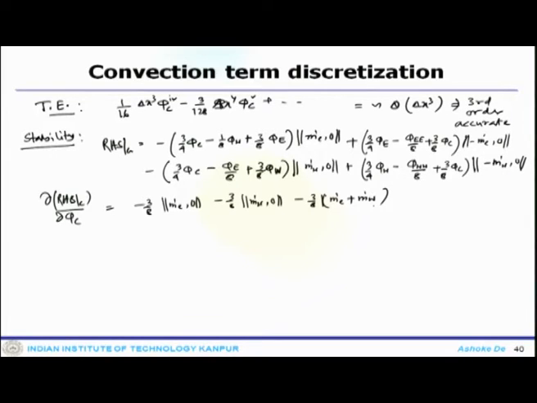So, this is again less than 0. This shows that it is a stable scheme. So, if you have a uniform velocity, this will always be stable.